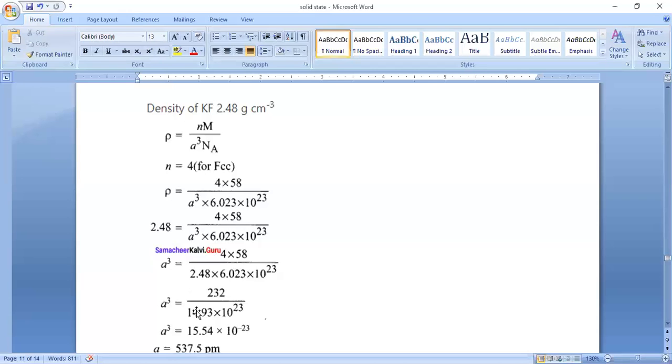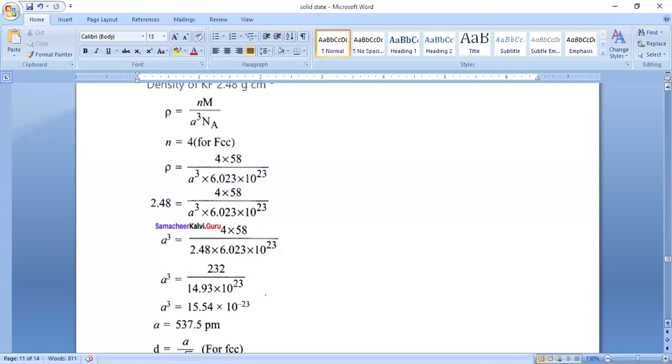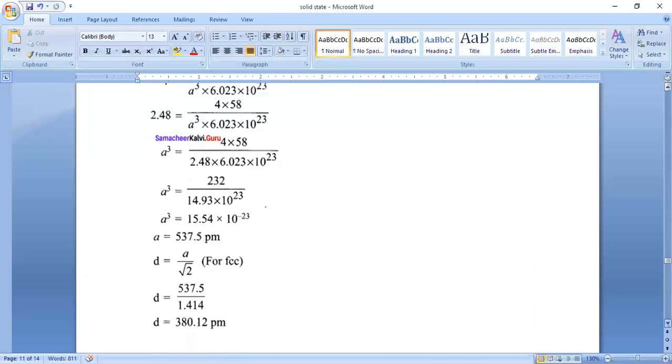Dividing 232 by 14.93 we get 15.54 into 10 power 23. So that is the A cube value, and A value is 537.5 pm.